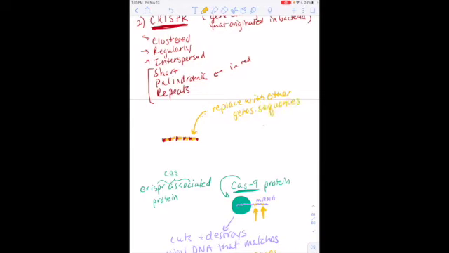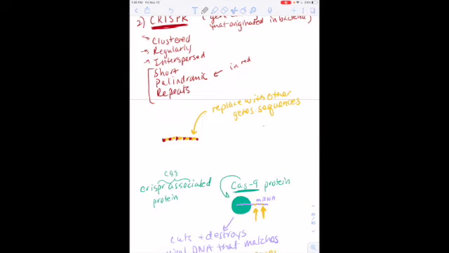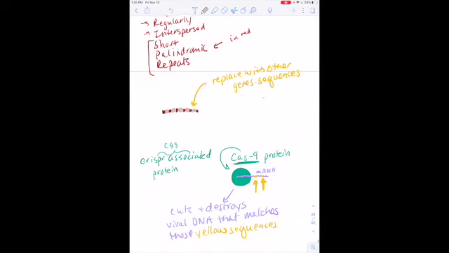sequences. So we need a new color. Let's go with gray. So they replaced the viral sequences with gray, like that. That means when they get it together with Cas9 here, they're putting gray in there.